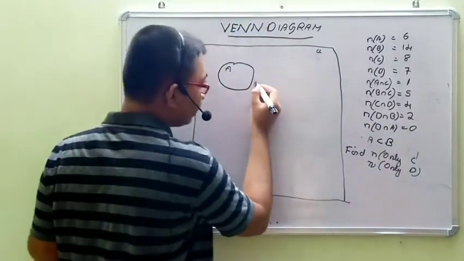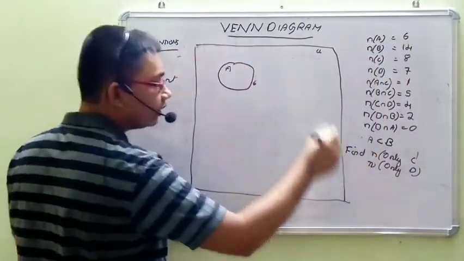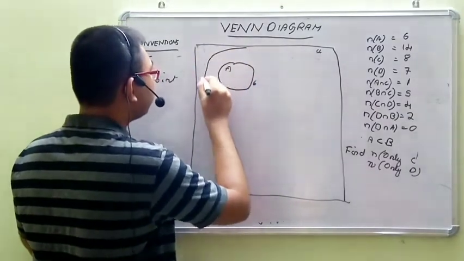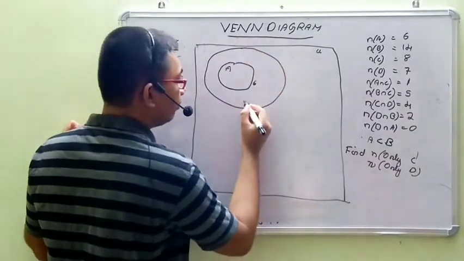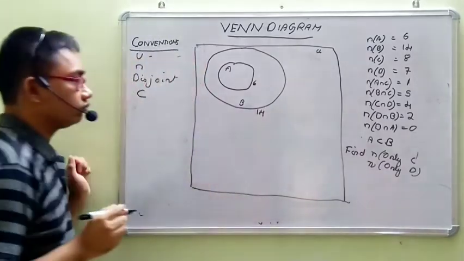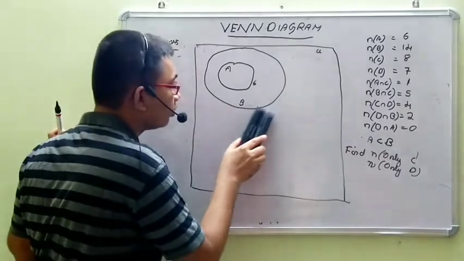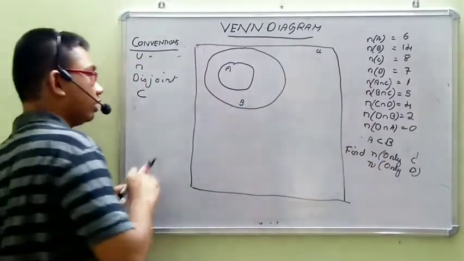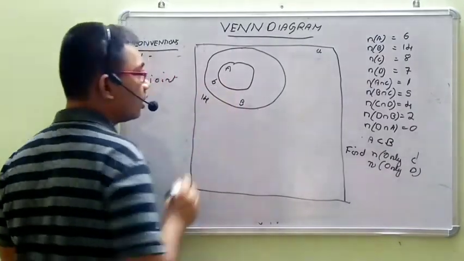So n(A) is equal to 6, we are writing here, and n(B) is equal to 14, and A is a subset of B. Therefore B will include A, and n(B) is 14. Let me write it on the left side also, 6 and 14.